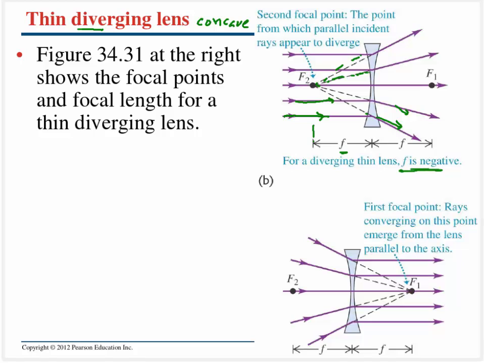Keep in mind that for diverging lenses, f is going to be negative, so this lens would have a focal length of, say, negative 10 centimeters. And it's going to have two focal points, one on this side and one on this side, because light can go either way through this lens.